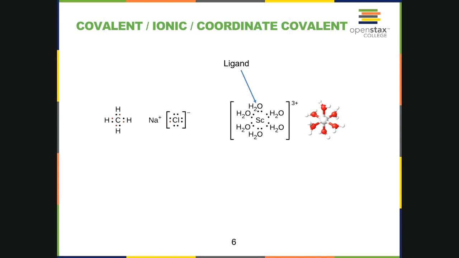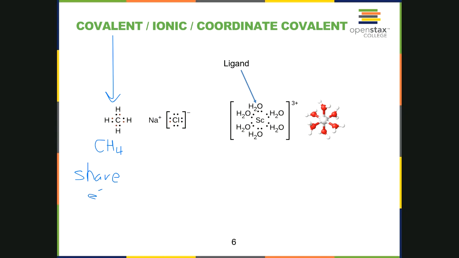So here we have covalent, so that would be CH4, also called methane. And the thing there is you're sharing electrons. Remember from Chem 140, we talked about every time you have a bond, you're sharing electrons.